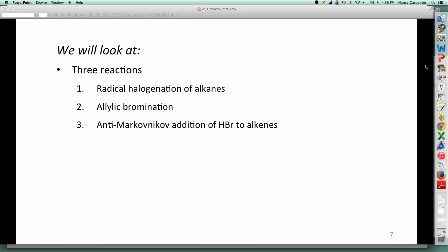So instead of hydroboration being the only thing you know that will give you anti-Markovnikov addition, we now will see how we can add HBr to an alkene and get anti-Markovnikov addition. At some point we will segue back to chapter 16, because mass spectroscopy is absolute voodoo unless you understand radical chemistry.